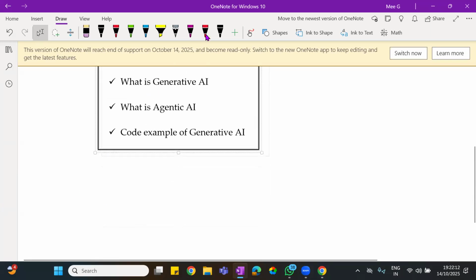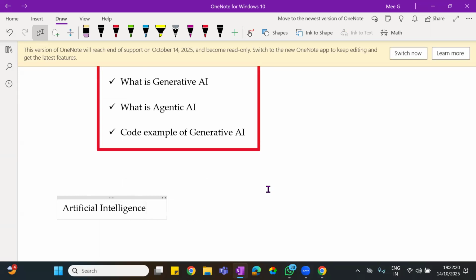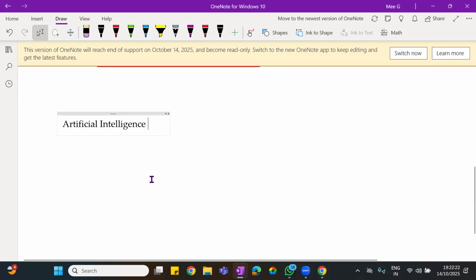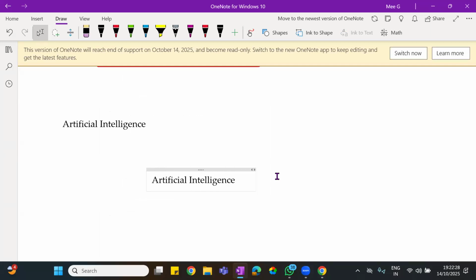First is, what is AI? Artificial intelligence. See, when you look at this, artificial intelligence is a combination of two words. One is artificial and the other is intelligence.